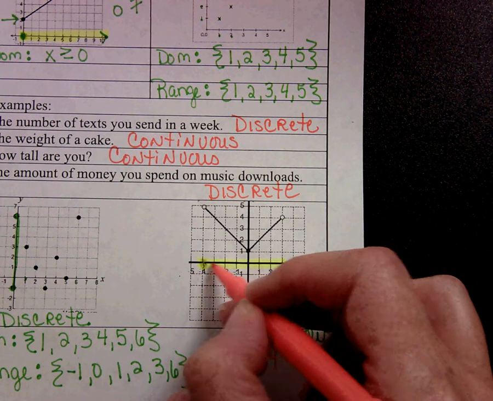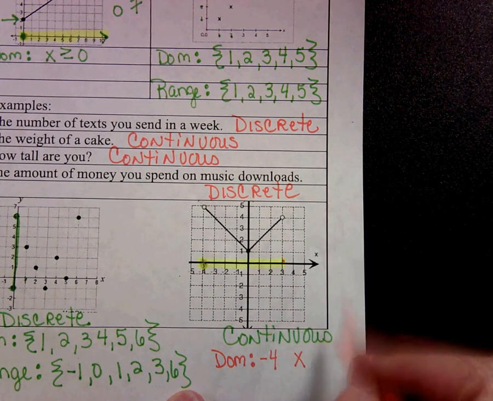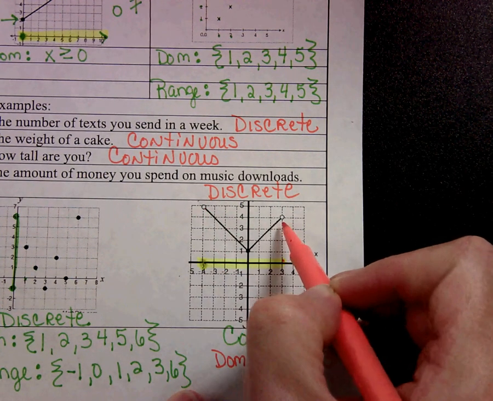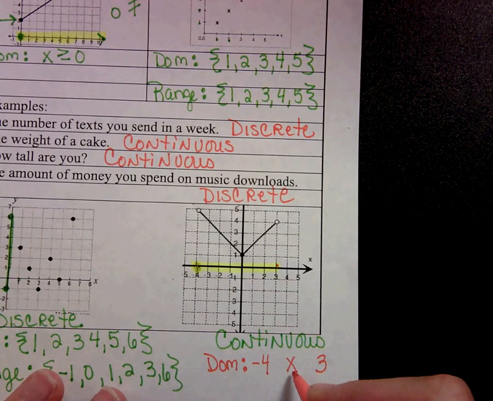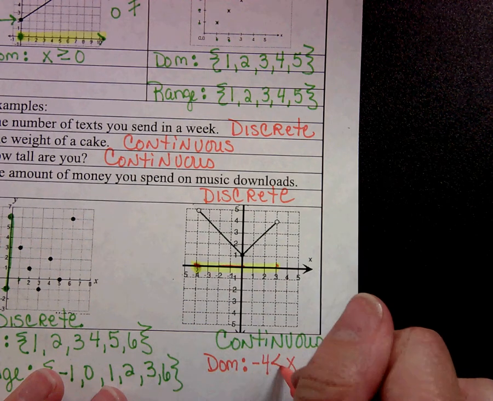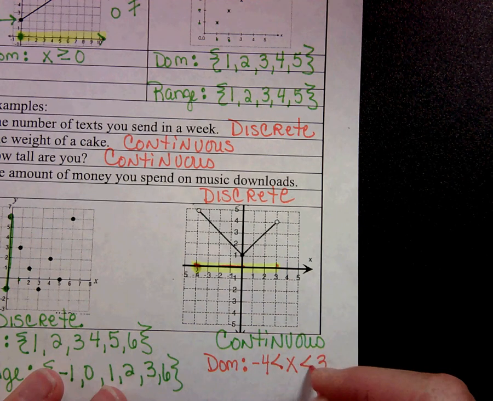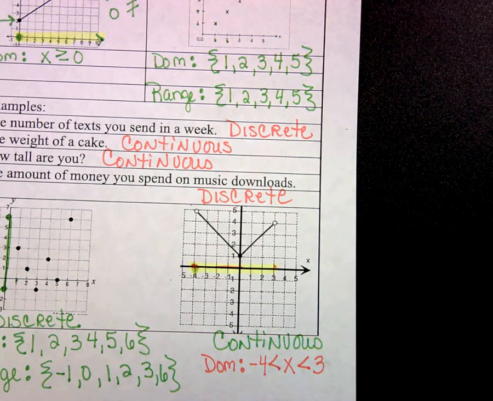We know the highest it can be is 3. Now notice we have open circles. We said open circles mean it cannot be equal to it. So we know x is going to be greater than -4, but not equal to it, and it's going to be less than 3. So that was what a compound inequality would look like.